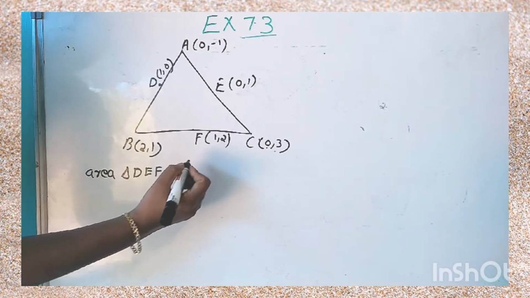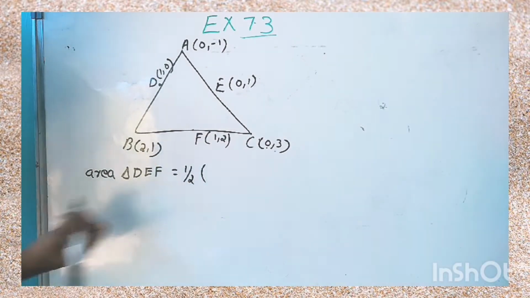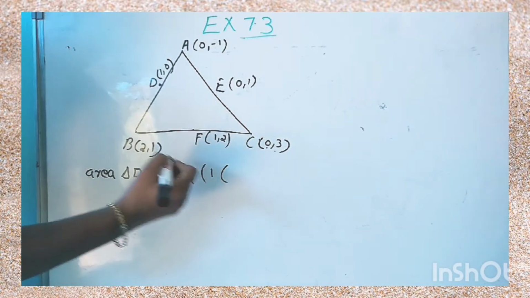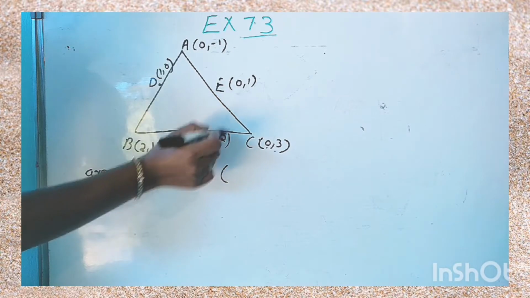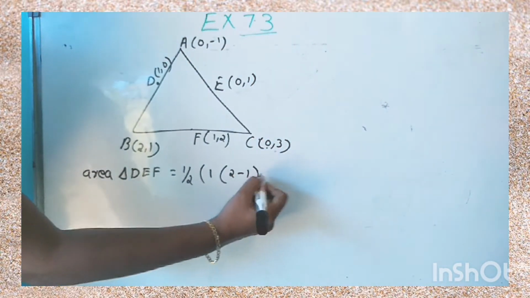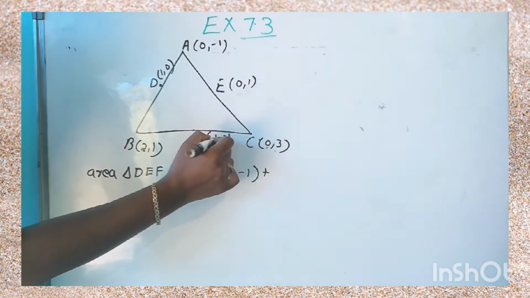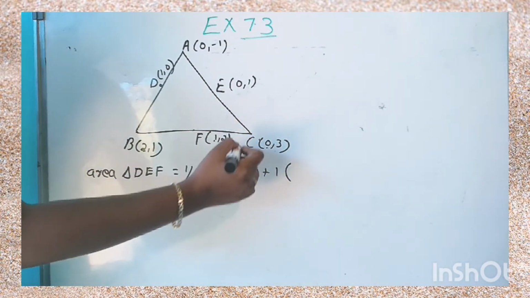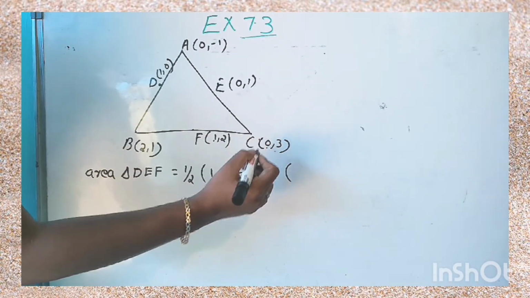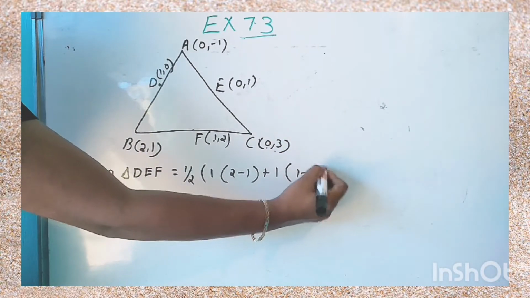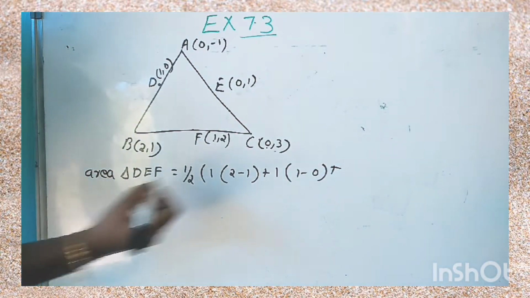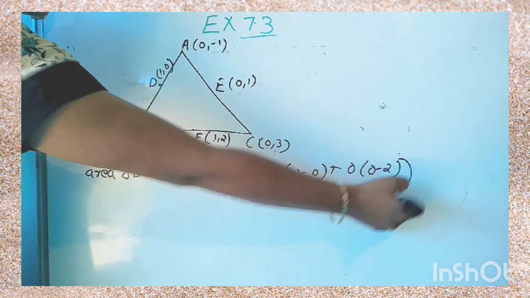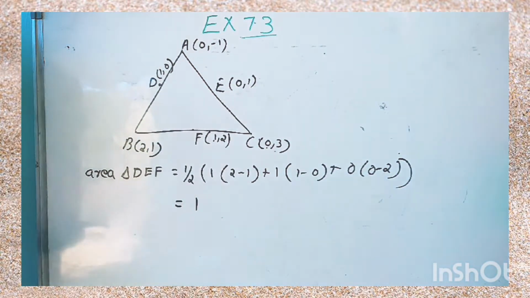Area of the triangle DEF, that same formula, half into, here x1 is 1 into (y2 minus y3), 2 minus 1, plus x2 is 1, then (y3 minus y1), you will get it as 1 minus 0, plus 0 into (0 minus 2). Okay, that is 1 you will get.